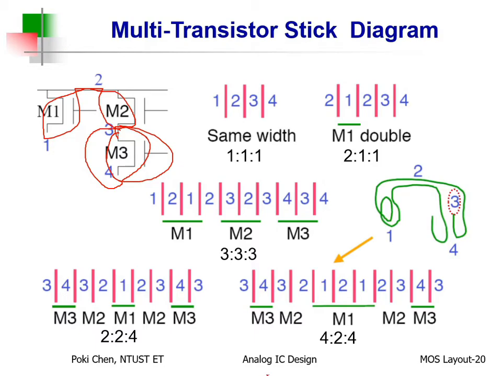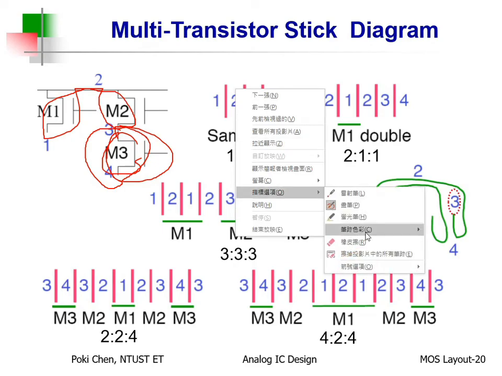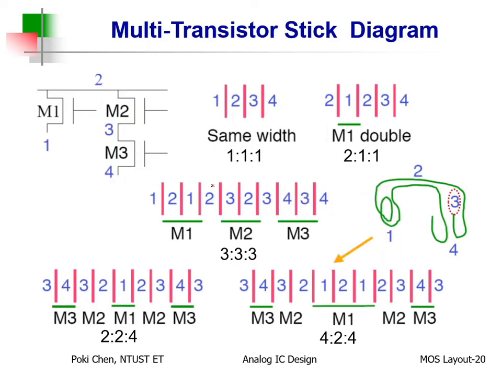When I say 1, 2, or 3, I mean the number of the segments for each transistor. Allow me to tell you again. 1, 2 for M3, 1 for M2, the other one for M1, then 2 for M1, 2 for M2, then 3 and 4 for M3.